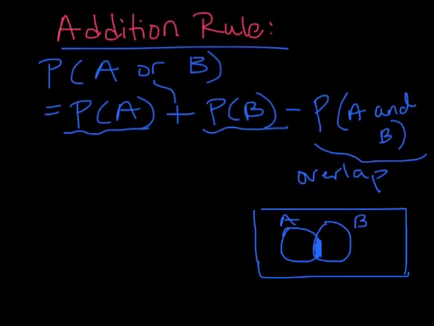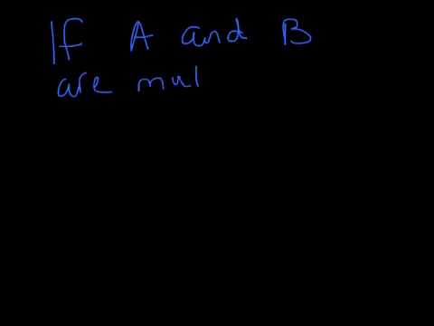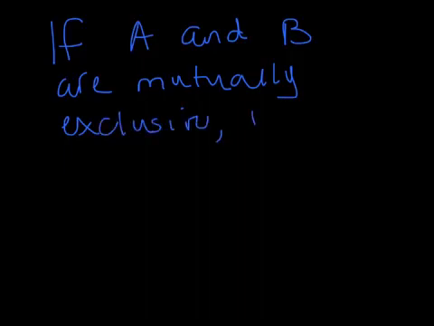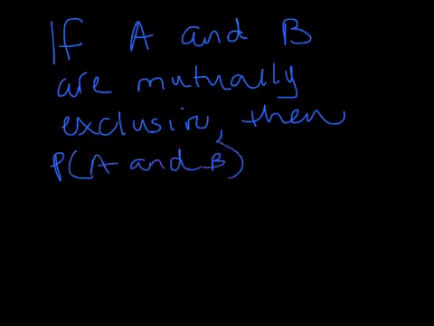Let me get a new slide here. If A and B are mutually exclusive, then the probability of A and B is 0, so you don't have to worry about it.